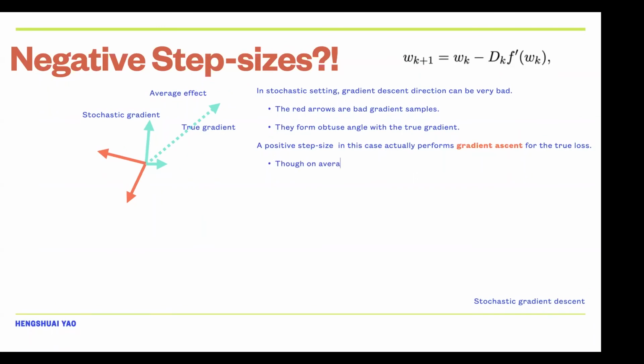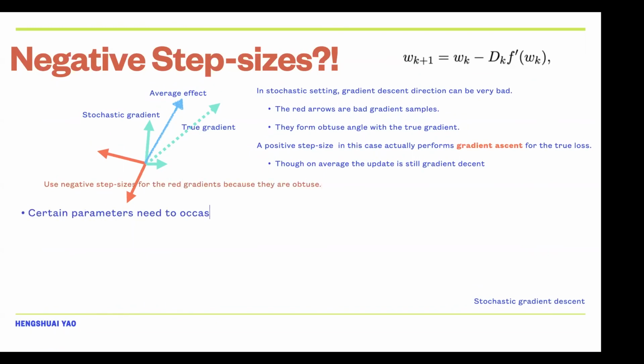That's kind of interesting and makes sense. Of course, with the averaging effect of using stochastic gradients, using many such gradients for updates, you will achieve the averaging gradient somewhere near the true gradient. But really bad samples can happen. That basically means certain parameters need to occasionally back off, not always go along the negative gradient direction during updates.